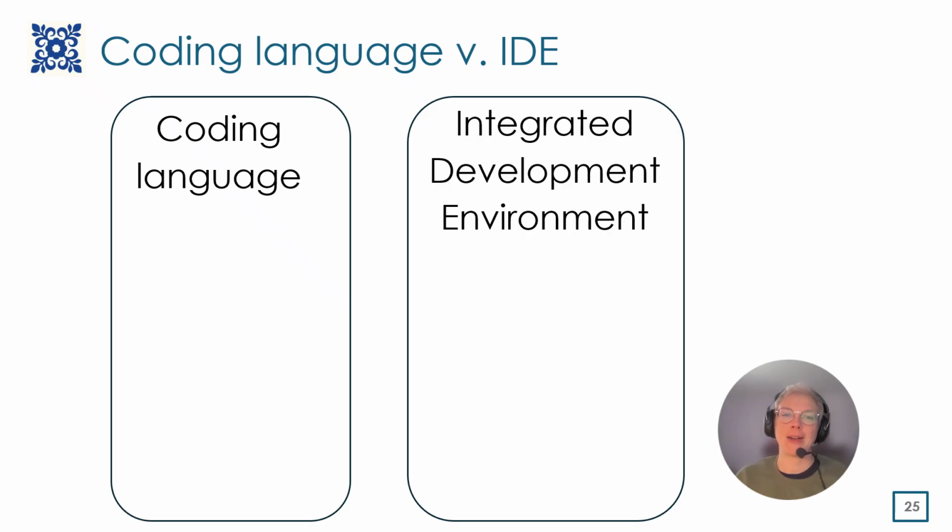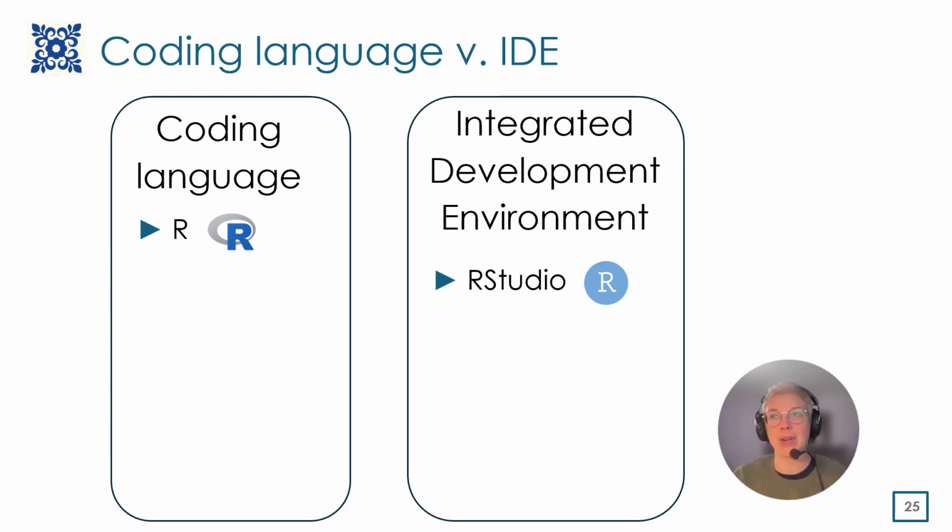And so you speak English and you use Word to write reports. Well, you would code in R and you would write scripts and compile them in RStudio, right? You need to have both to be able to do coding, the language and the tool to write and interpret the language.